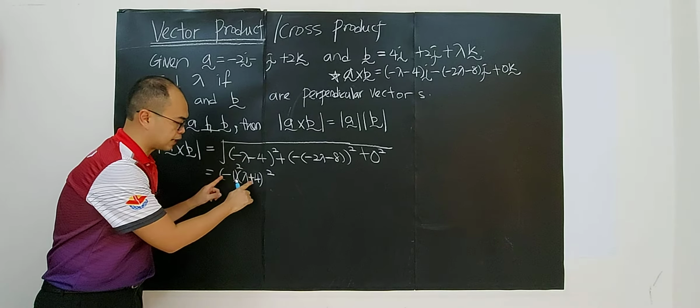It's the same for the other term: negative 2 lambda minus 8 is actually negative of 2 lambda plus 8, and I can factor out the 2, giving lambda plus 4.